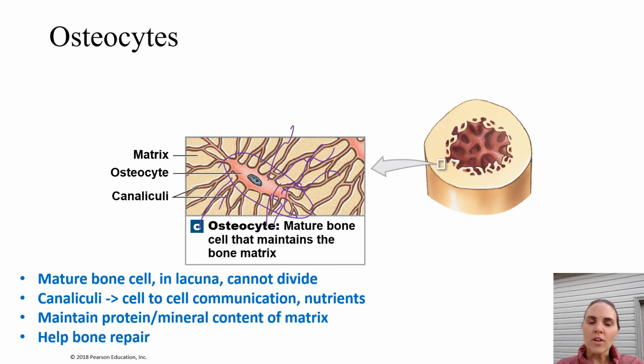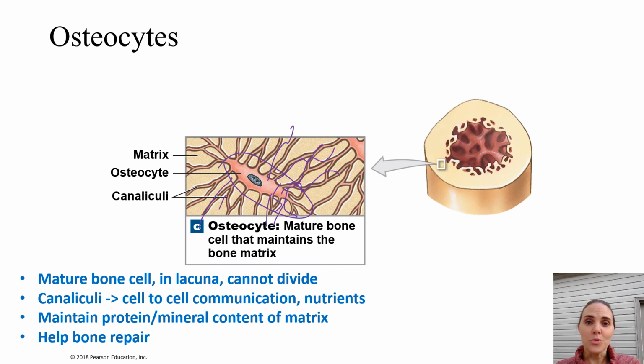The two major functions of osteocytes include maintaining the protein and mineral content of the matrix. Our bone matrix is continually being broken down and rebuilt. And the osteocytes dissolve the matrix, and that allows the minerals to enter circulation when needed.